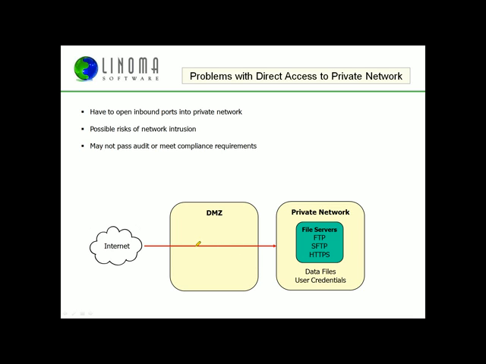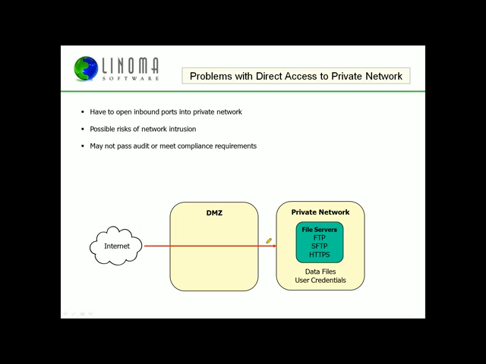But the problem is that with traditional methods, you would have to open up inbound ports through your back-end firewall, and that's also something auditors and a lot of security professionals today don't like to see. They really don't want any inbound ports coming into your back-end systems.